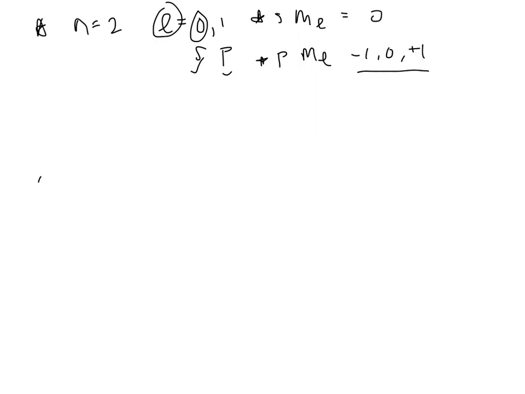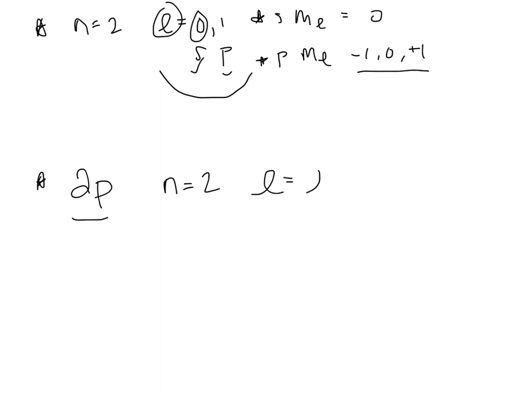Now, this is also in contrast to when I'm given a specific set. So if I say, give me the quantum numbers for this 2p orbital, well, first of all, you do know that the n value is equal to 2 because you've been given the energy level. Now, the L value, you're not going to use the approach of writing down everything from 0 to n minus 1. The reason is that the type of orbital has already been designated. They've told you that you have a 2p orbital.